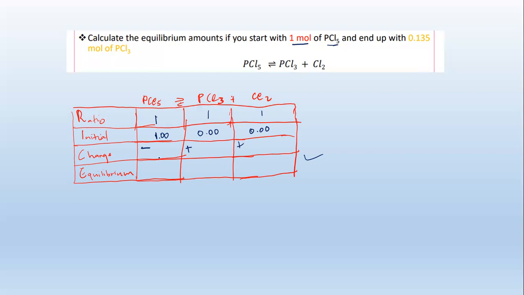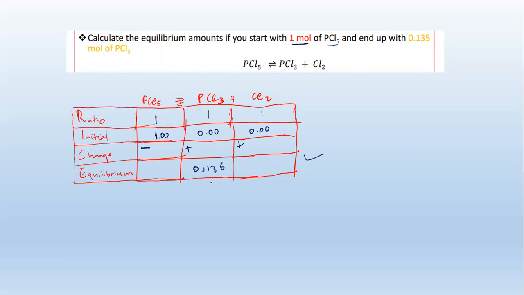And then you end up with 0,135 mole of PCl3. This is PCl3. You end up with this, which means at equilibrium, okay? You end up with 0,135 of PCl3.